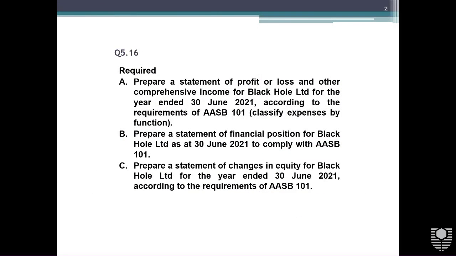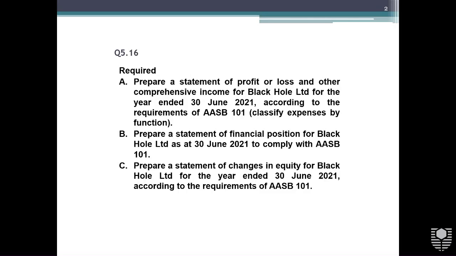Just remember, when we're looking at corporate disclosure, there were the 3 primary financial statements, the 3 primary general purpose financial reports we looked at, which was your profit and loss, your balance sheet, and your statement of changes in equity. Your profit and loss is also called your statement of financial performance and other comprehensive income, your balance sheet is also called your statement of financial position, and your equity is your statement of changes in equity.